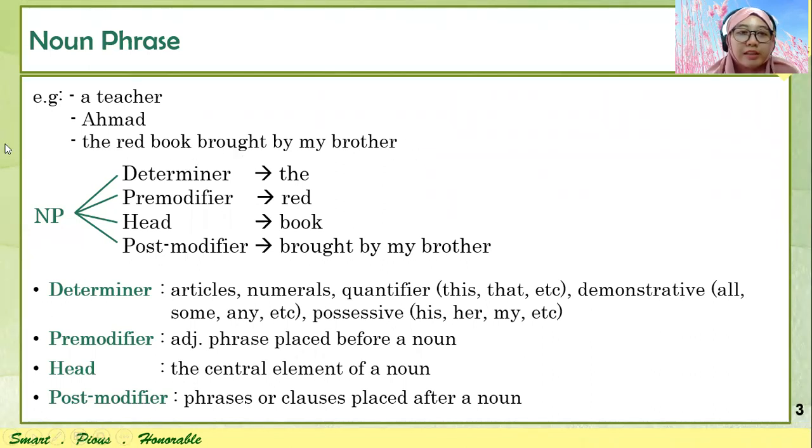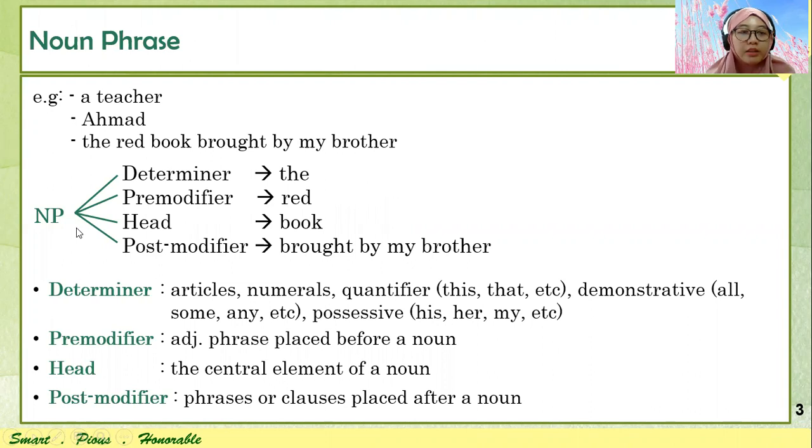Jangan sampai disalahartikan ini sebagai clause atau sentence, because this is not a clause and this is not a sentence. Karena ini hanya memiliki satu phrase. This is one phrase.